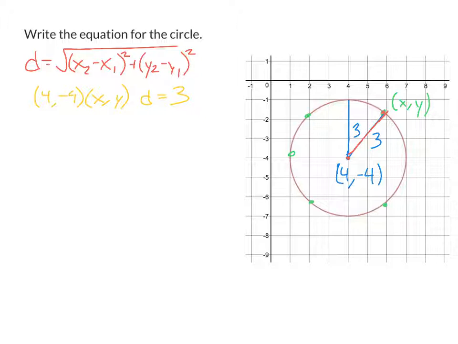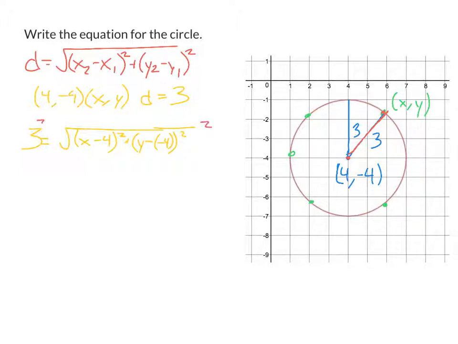So let's input that information. We have 3 equals the big square root of (x minus 4) squared, plus the y's, (y minus negative 4) squared. Now to simplify this a bit, I'll square both sides.